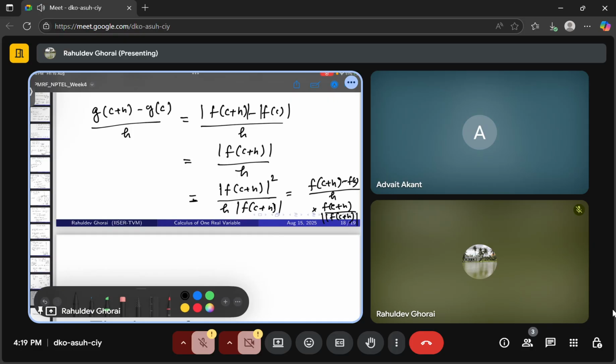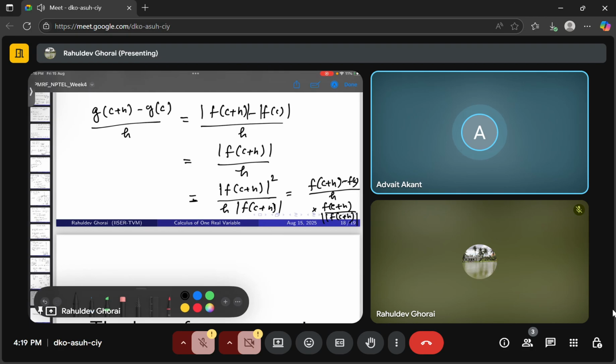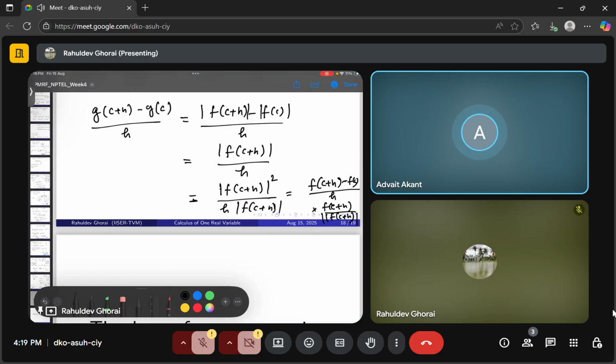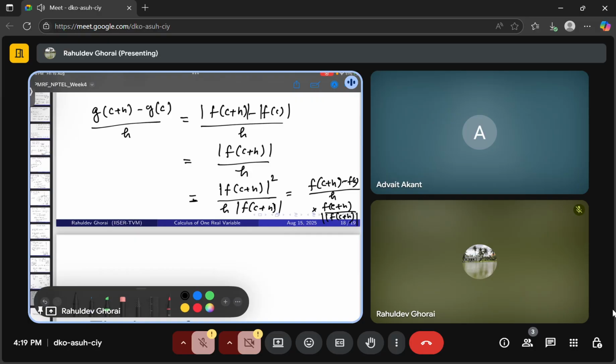Assuming it is non-zero, then plus one and minus one will do something. It may give you two different values, which cannot be. If c plus h is greater than 0, it will give you plus 1, otherwise it may give you minus 1 also.